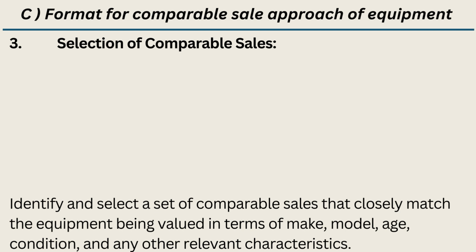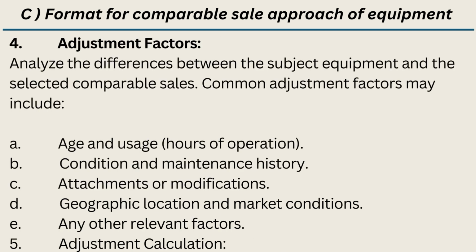Identify and select a set of comparable sales that closely match the equipment being valued in terms of make, model, age, condition, and any other relevant characteristics. 4. Adjustment factors. Analyze the differences between the subject equipment and the selected comparable sales.